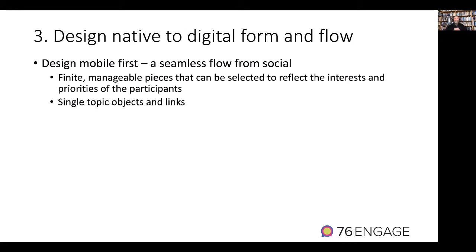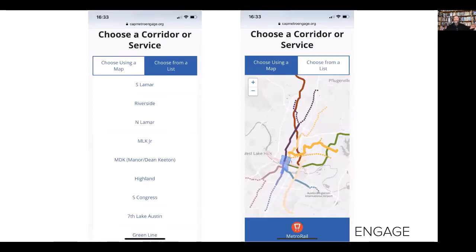Secondly, designing native, mobile first, a seamless flow from social. So right here, I've got a site, Project Connect, Cap Metro in Austin. And this is how their original engagement, I think it was 2.5 years ago, looked. This is the first thing that people saw. The planners knew on the left-hand side that they were going to be doing a consultation with a number of corridors.